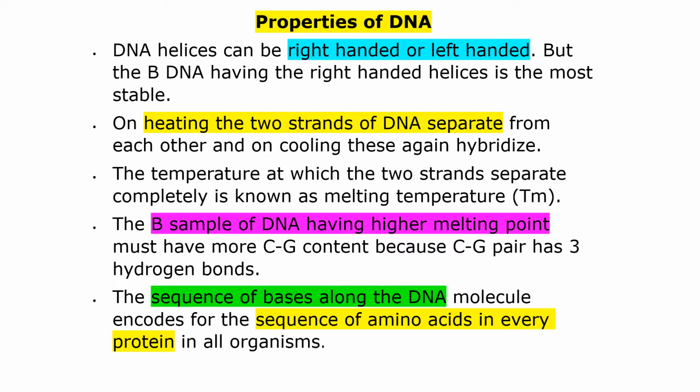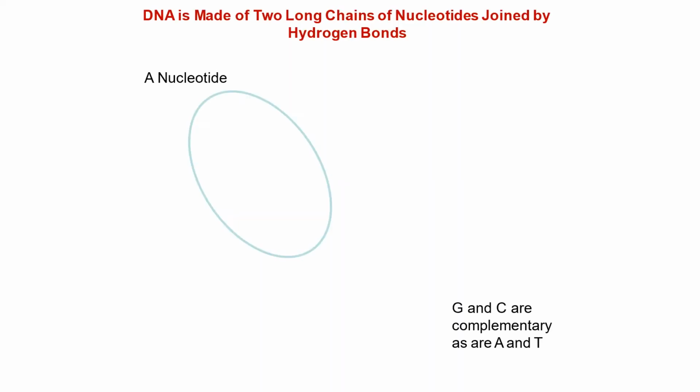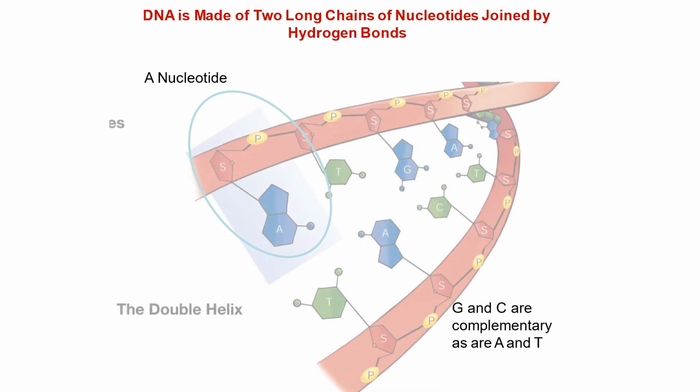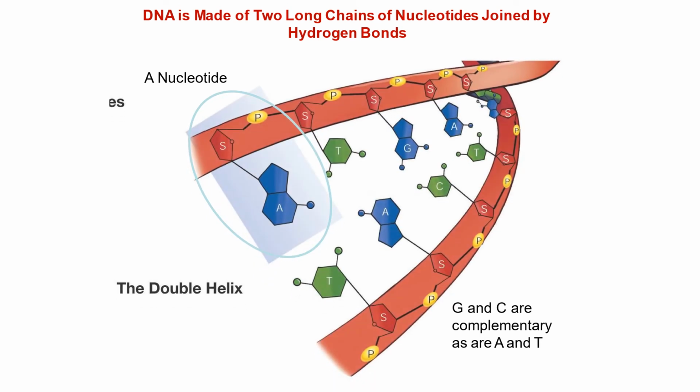The sequence of bases along the DNA molecule encodes the sequence of amino acids in every protein in all organisms. So DNA is made up of two long chains of nucleotides which are joined by hydrogen bonds. You can see the double helix structure.